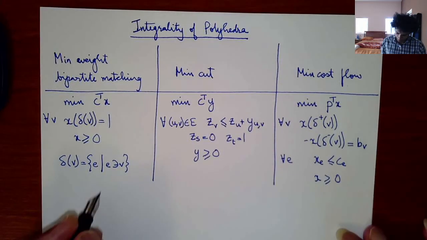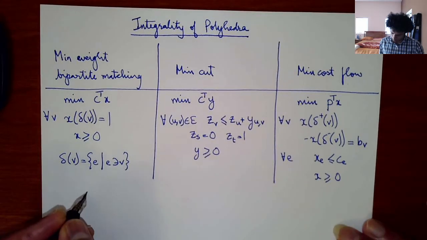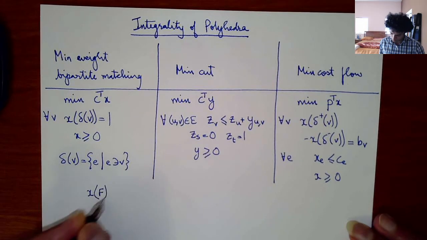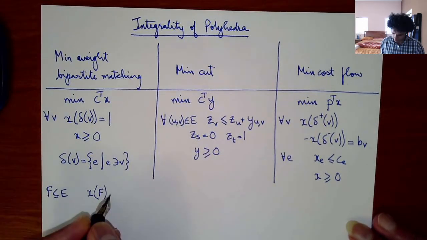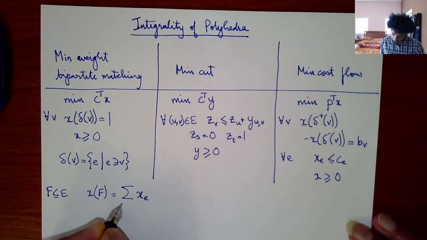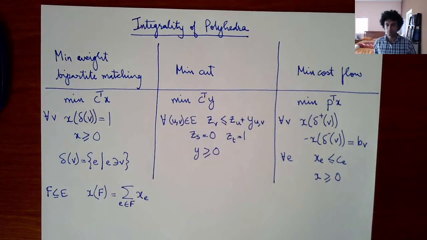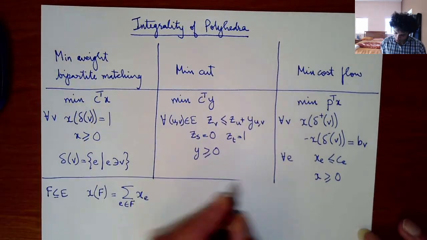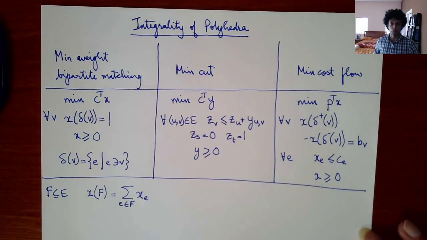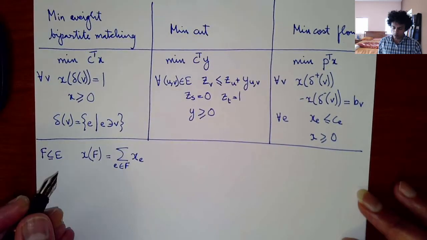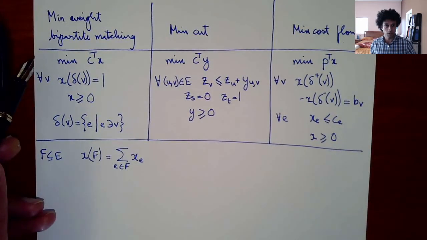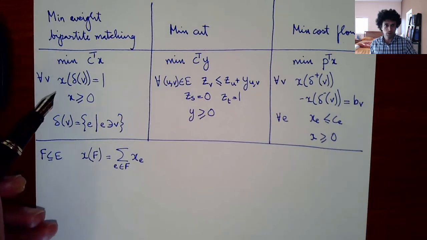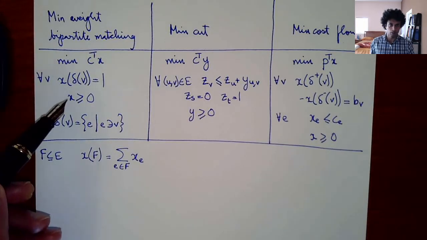Just to remind you, for F a subset of the edges, x(F) was simply the sum of x_e over the edges e in F. Okay, so we had these three linear programs, and the surprise, which some of you actually noted, and we explicitly called this out for bipartite matching, was that the solutions came out to be integral.